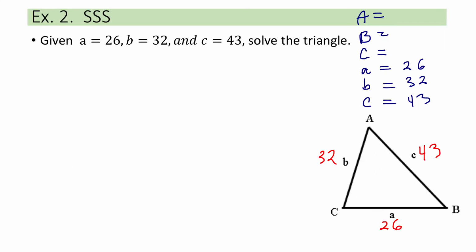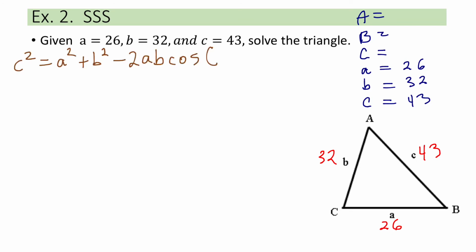So in this SSS problem, I'm given all three of my sides, which I've written on my triangle. I'm going to set up my table here. I've got the three sides, and I need to calculate the three angles. I can start with any one of the angles, so let's start with finding angle C. That means I'm going to use the C law for the law of cosines.